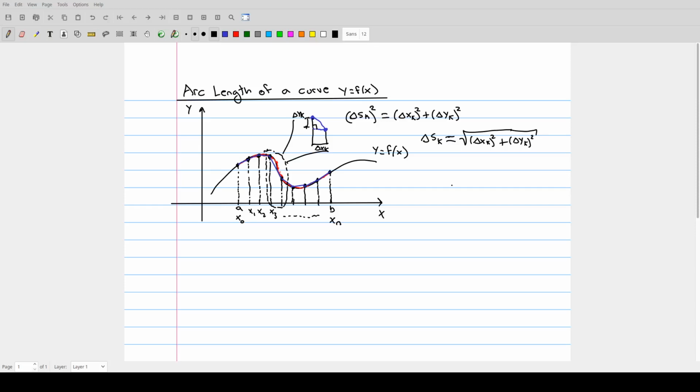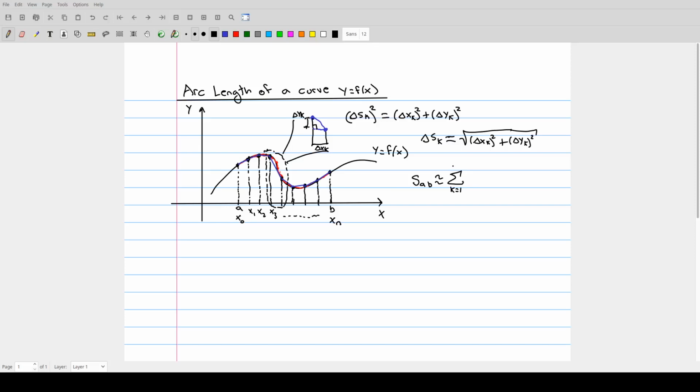And what this means is that the total arc length from A to B is approximated by the summation of all of these smaller arc lengths, or all of the approximations on each subinterval of the partition.